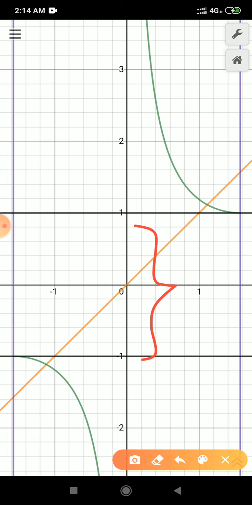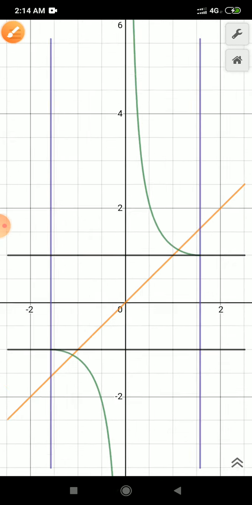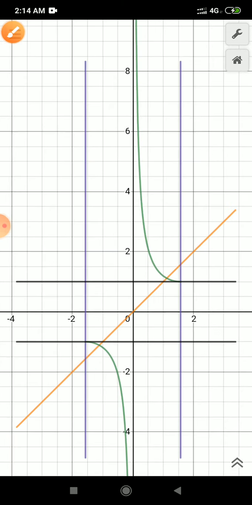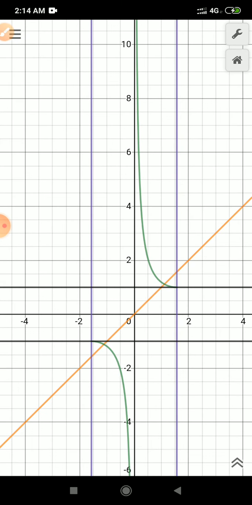So we can say the range for cosec x is R difference minus 1 to 1, and the domain minus pi by 2 to pi by 2 is okay, but on the real line it is not touching anywhere. So for the domain of cosec x there should be no 0 point, because the point x equals to 0 is excluded.